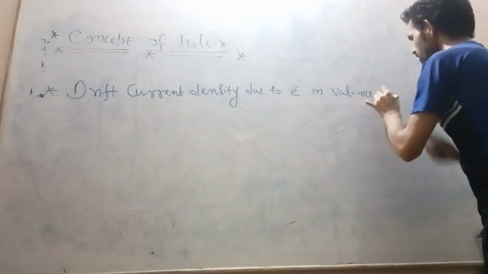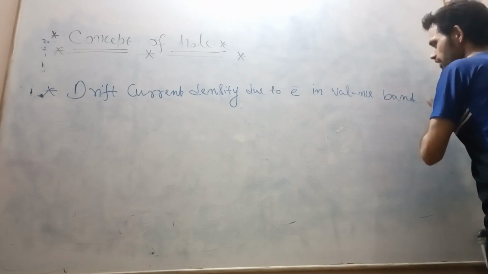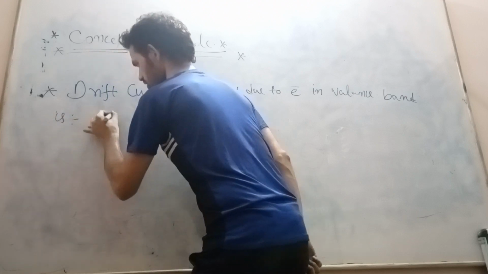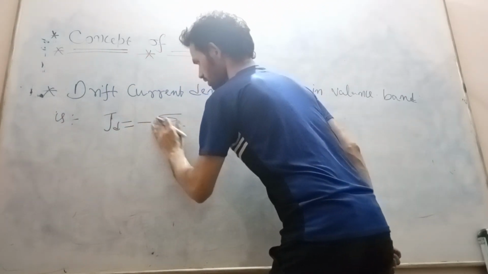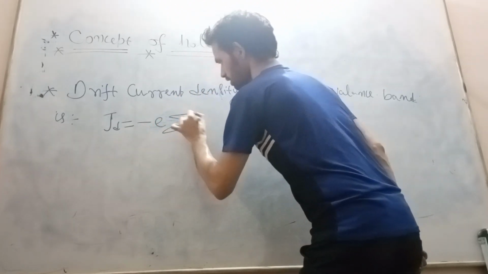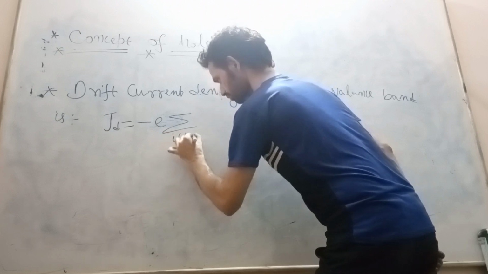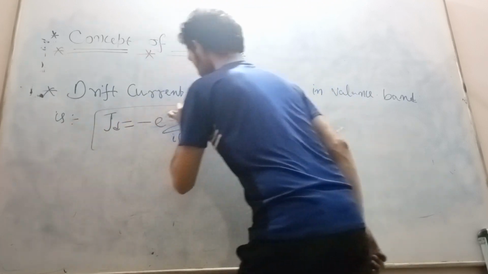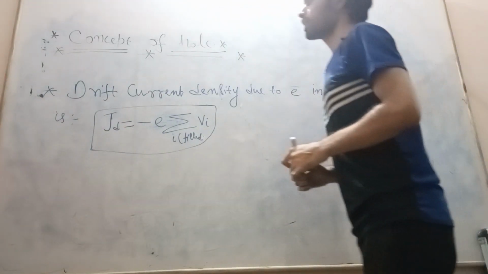Drift current density due to electron in the valence band is given as J_D equal to minus summation, this minus charge, electron, minus e summation over i of v_i. Okay, so this is my drift current density due to the electron in the valence band.